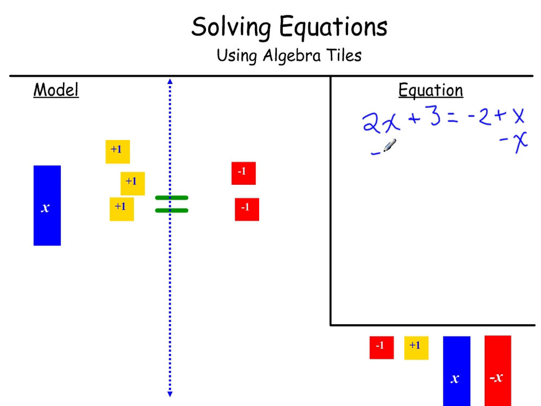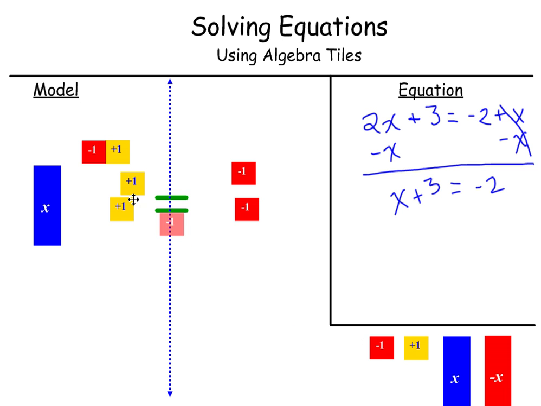I subtract an x from 2x. I'm left with 1x. That's exactly what I have left, x plus 3 equals negative 2. I got to get rid of these 3. 1, 2, 3.